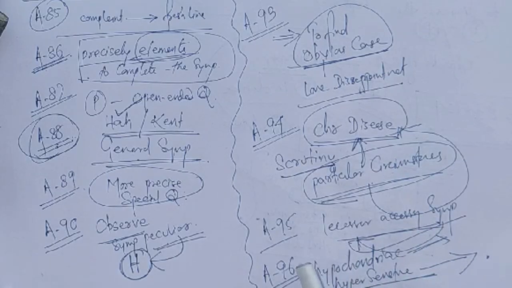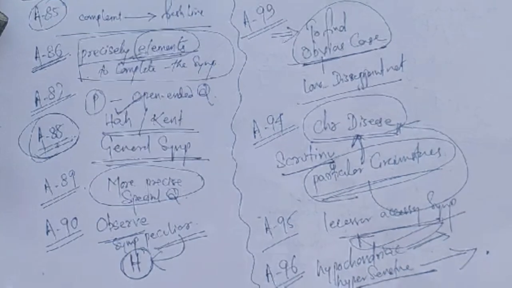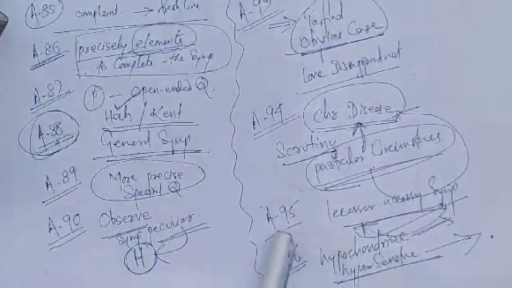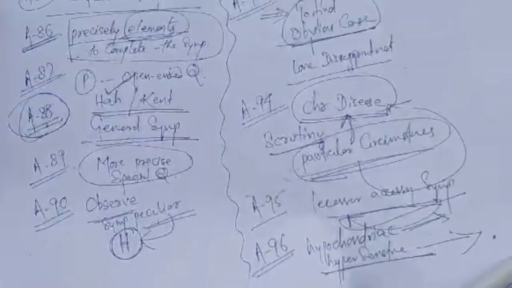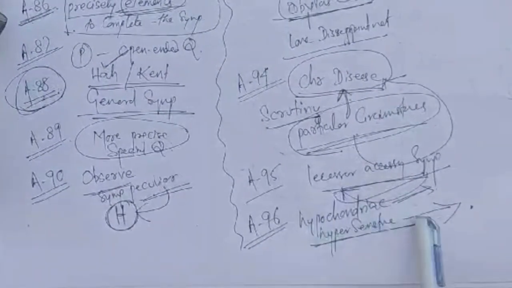This is given in aphorism 96. You can see hypochondriac and hypersensitive.